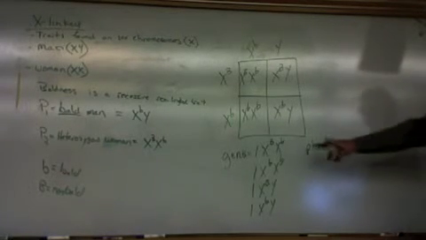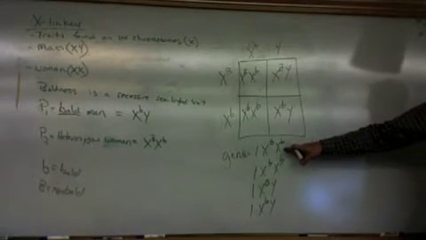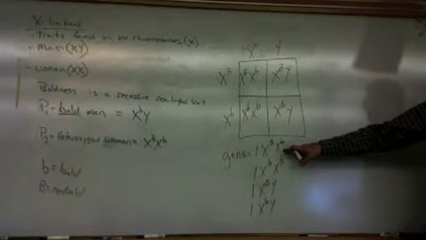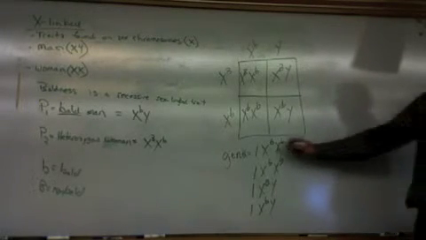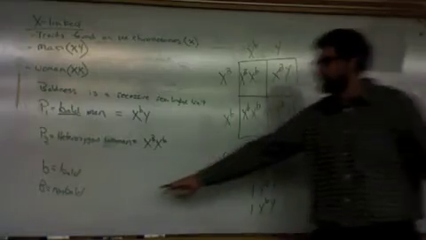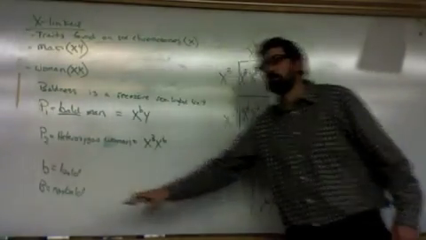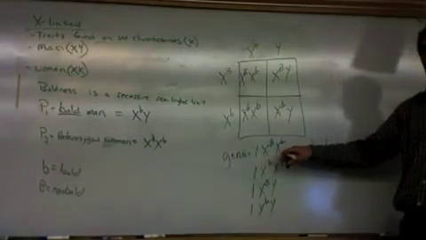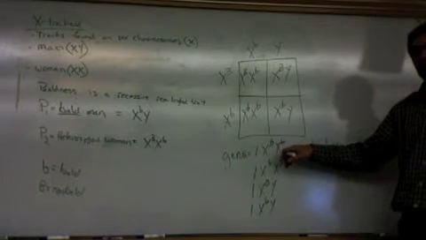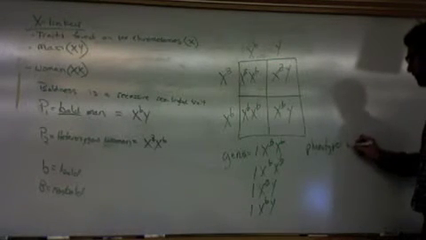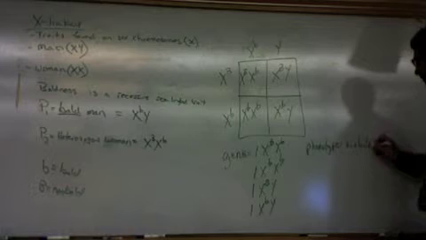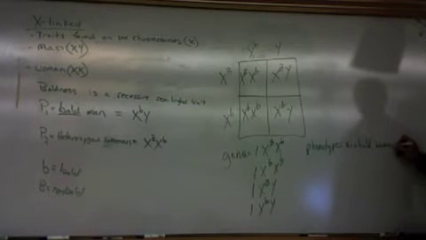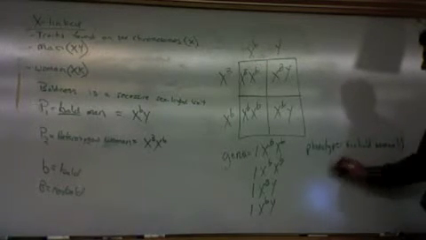What's this kid going to be? You just said it, Ashley? Bald. Bald what? No, it's not bald because she's got the dominant, which is non-bald. Non-bald. Non-bald what? Woman or boy? Woman. Non-bald woman. What's this one going to be?